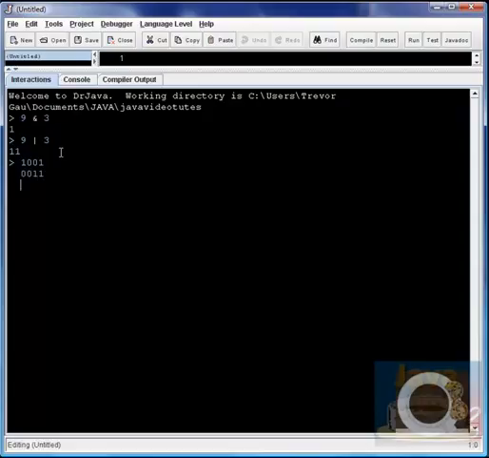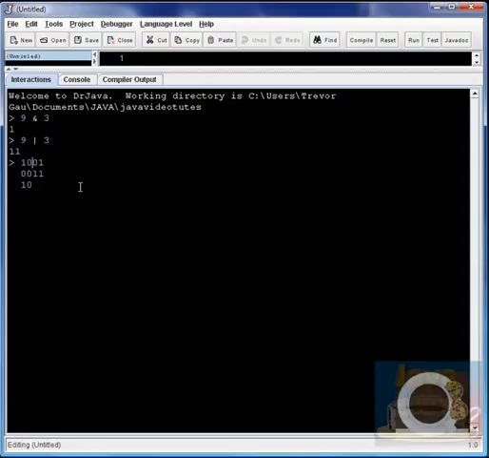And now we're going to compare going down again, except since we have OR this time, the rule for OR says that as long as at least one of the values is 1, then our result is going to be 1. So we have our 1 here, so that's going to give us 1. We don't have any 1s for this place value, so we're going to put a 0 there.